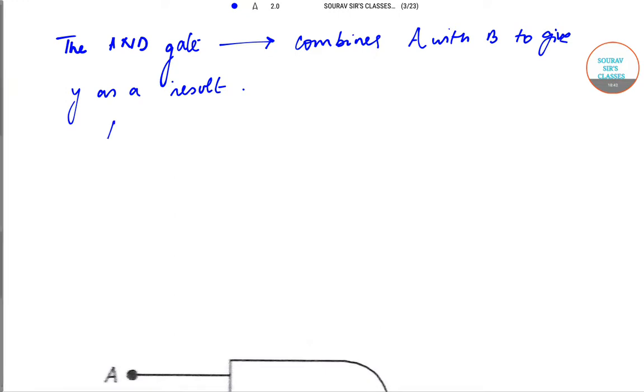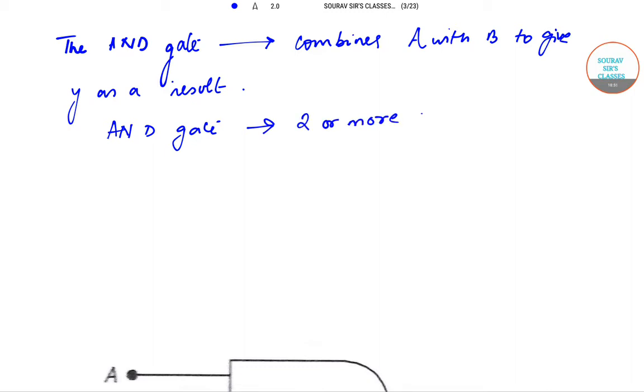Now the AND gate has two or more inputs, as we have discussed in terms of OR gate, and one output device.